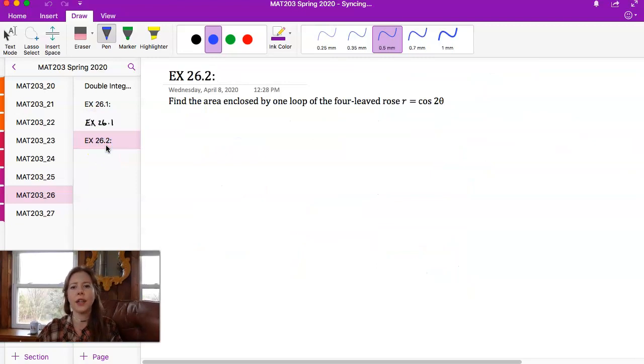So now we're going to find the area enclosed by one loop of the four-leafed rose r equals cosine 2 theta. So I'm going to draw out the four-leafed rose for you.